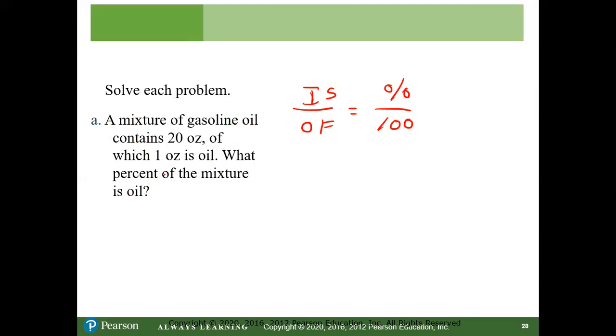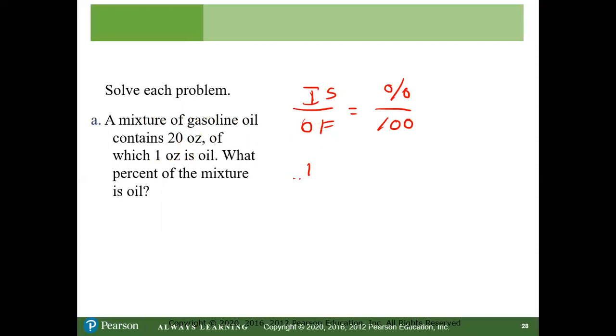As you read these problems, they tell you where to put the numbers. A mixture of gasoline and oil contains 20 ounces. That's going to go here. Of which 1 ounce is oil, so the 1 is going to go up here.